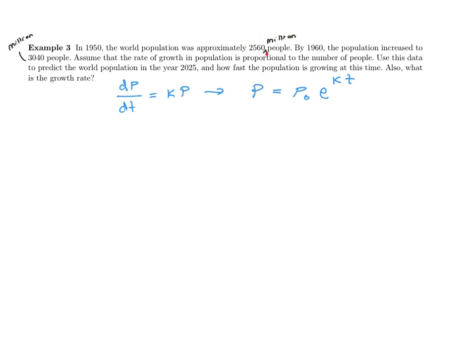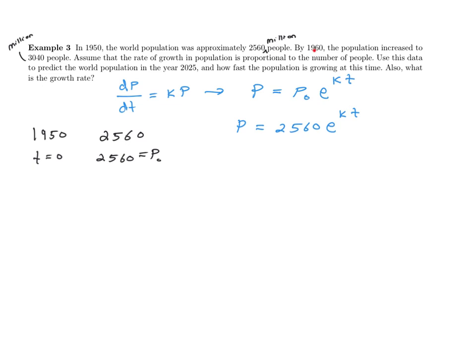I'm going to use 1950 as my initial amount: the population was 2,560, and here we're talking about millions of people. This will be time t equal to 0, meaning this value is my initial amount. If I put this information into my equation, I get P is equal to 2,560 times e to the kt. The only thing I don't know is the proportionality constant, k.